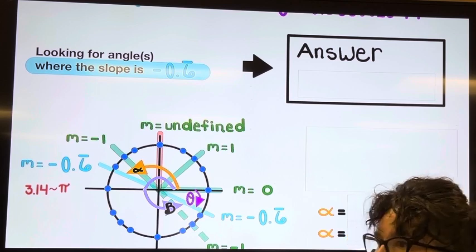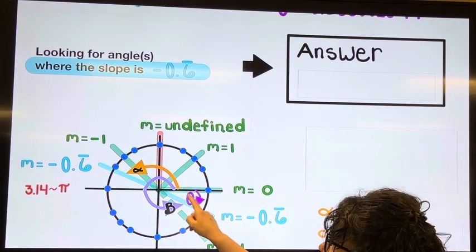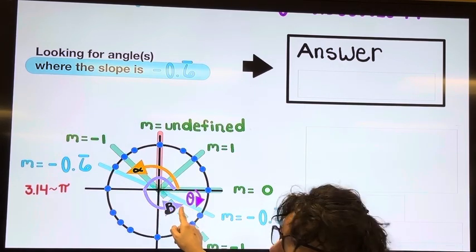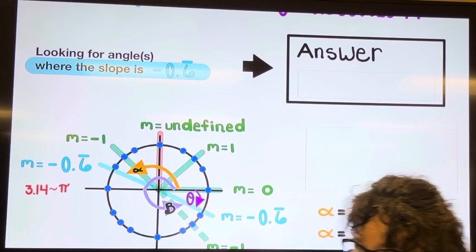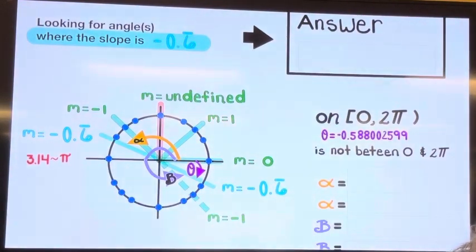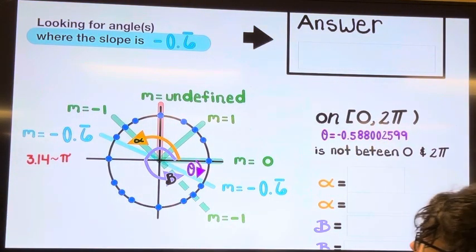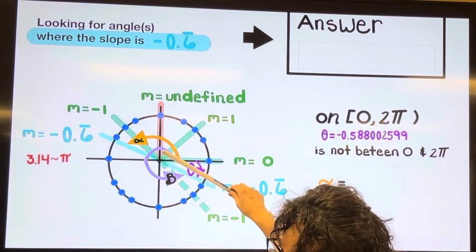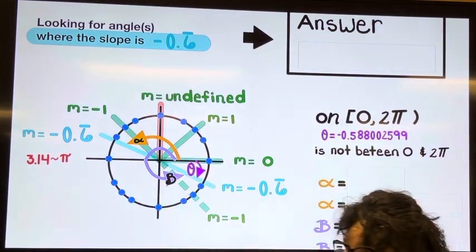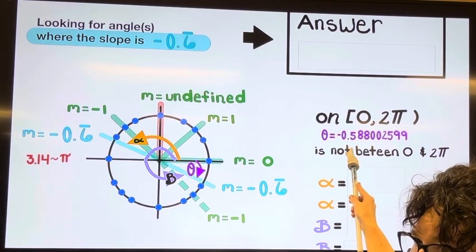But I only want answers from 0 to 2 pi, so I need to use this to figure out the alpha and the beta, and that'll be my final answers. Because what I got is not on 0 to 2 pi, like I don't want to call something -30 degrees, I would want to call it 330 if I'm on the interval from 0 to 2 pi. So that's why I don't like that angle measure.